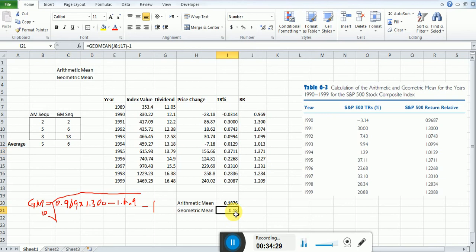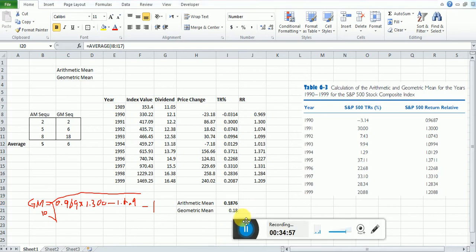Okay, the conclusion, dear students: in finance and in analysis, or whatever data, if it has a kind of multiplication or compounding effect, then the better way to calculate is geometric mean, not arithmetic mean.